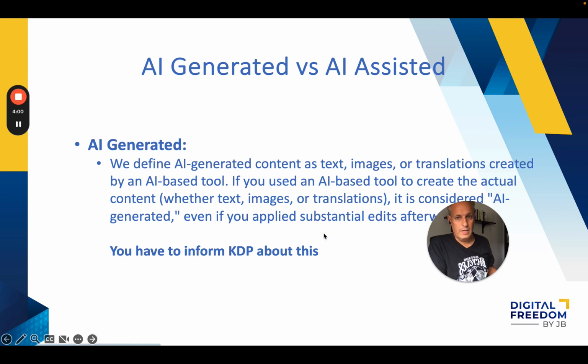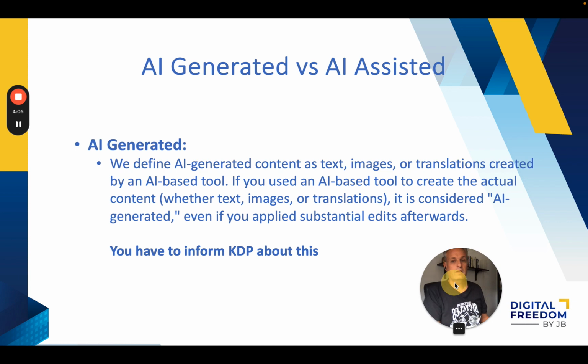So, AI generated. This is directly from the KDP policy page. We define AI generated content as text, images, or translations created by an AI-based tool. If you use an AI-based tool to create the actual content, whether text, images, or translations, it's considered AI-generated, even if you applied substantial edits afterwards.